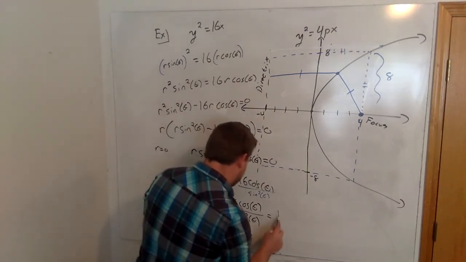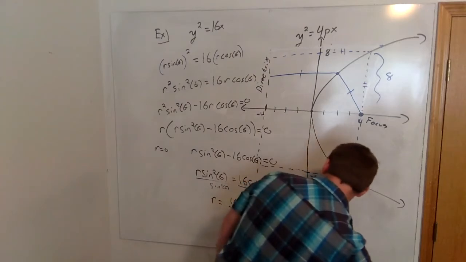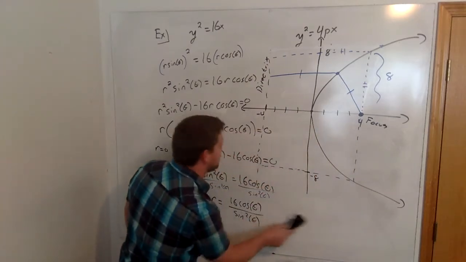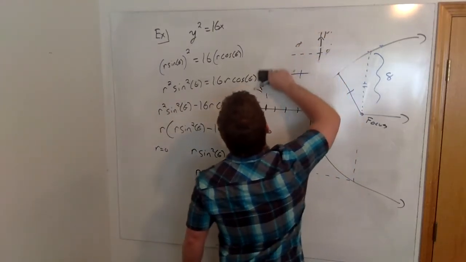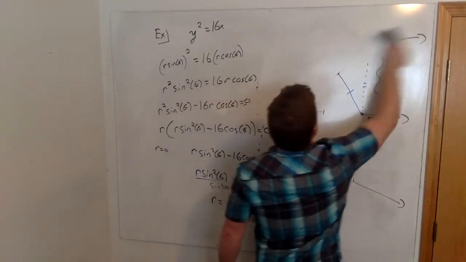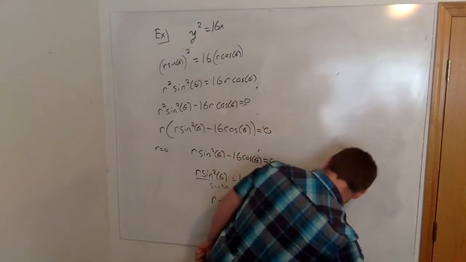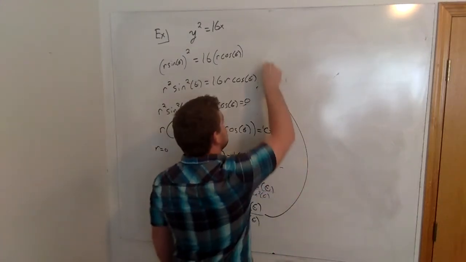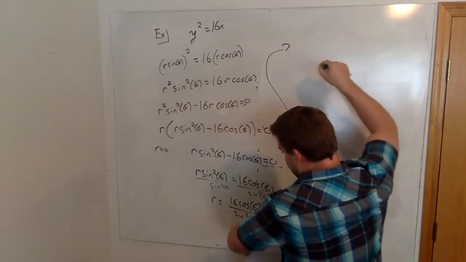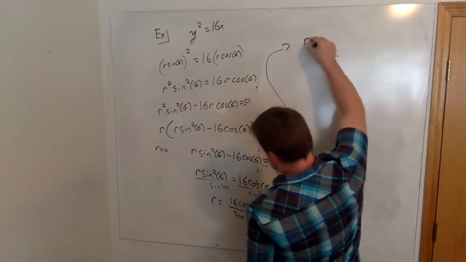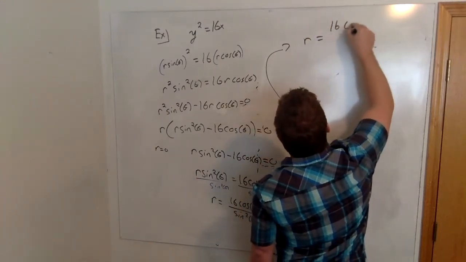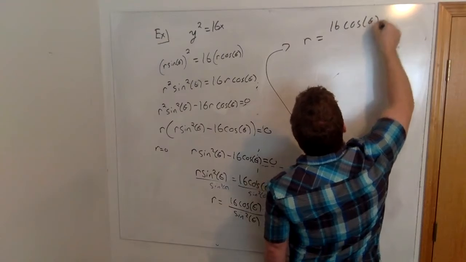This is the same thing as, how about we move it up here, we could equivalently write this as r equal to 16 times the cosine of theta.